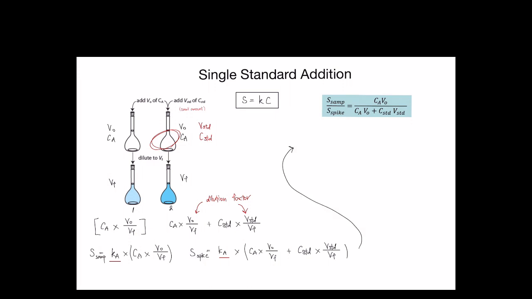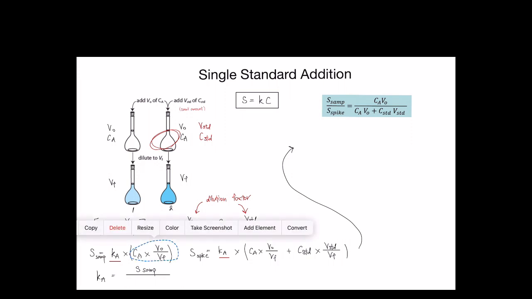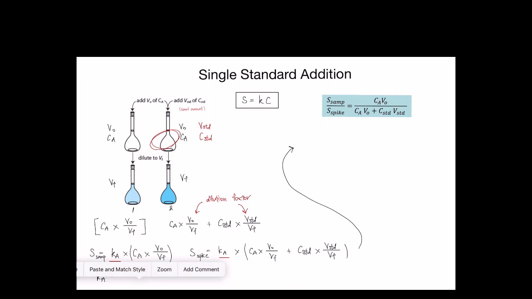So we're going to rearrange these two equations in terms of Ka. Then we have Ka is equal to S sample divided by this one. And similarly here, Ka is equal to S spike divided by this guy over here.